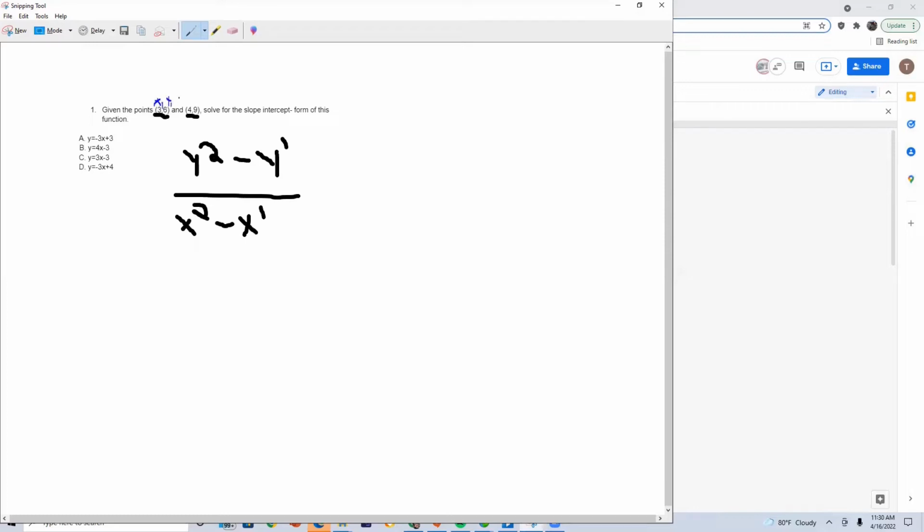And then this, let's make it 2s: x2 and y2. Remember the equation is y2 minus y1 over x2 minus x1. So y2, which is 9, minus y1, 6, over x2, which is 4, minus 3.